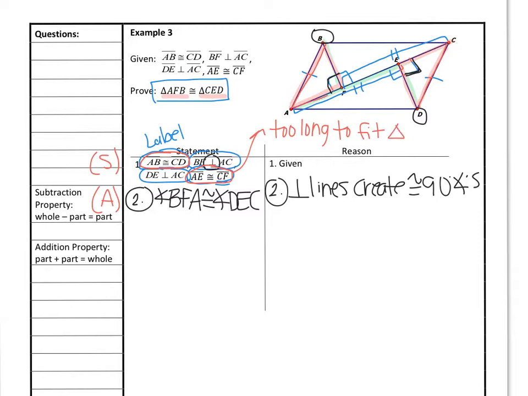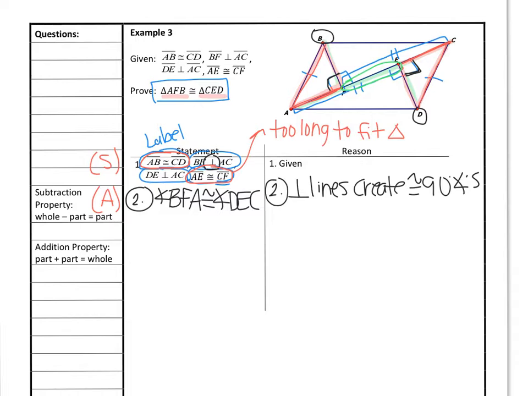We only want from A to F to be congruent to CE. But do you see how if I take the whole segment AE and subtract off this middle piece in here, if I subtract that off from both of those segments, I'm going to end up with just AF and CE.